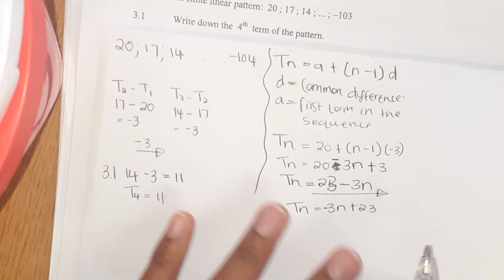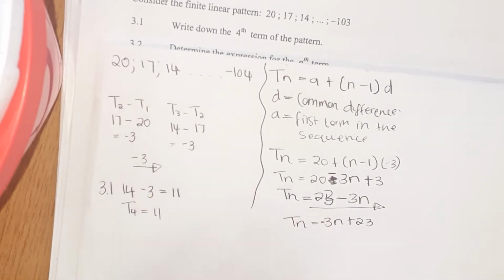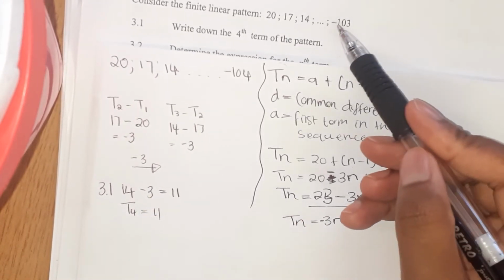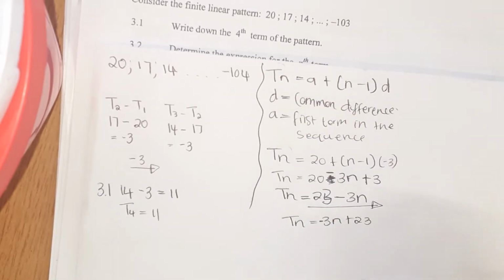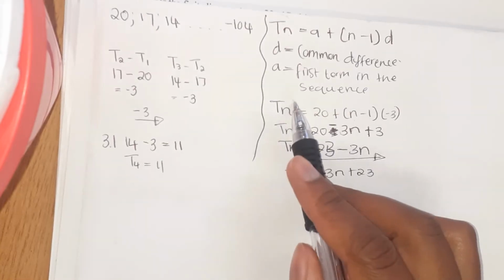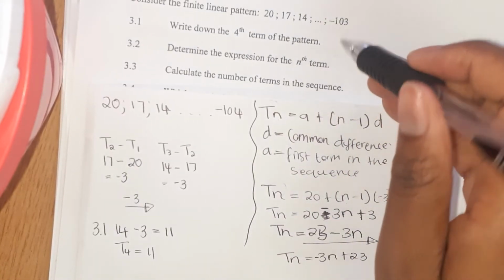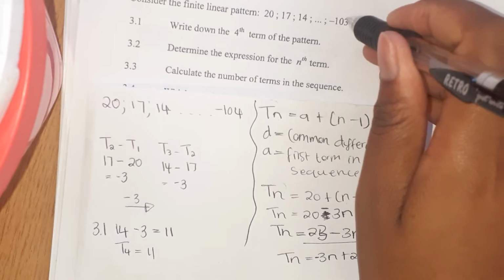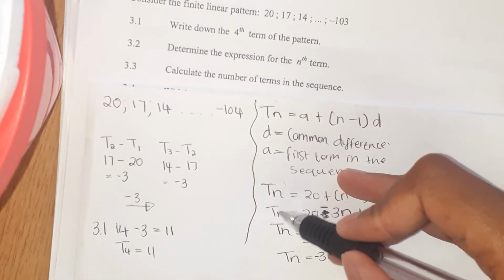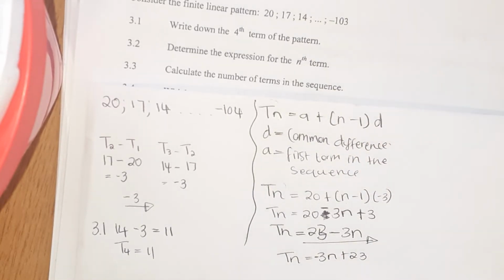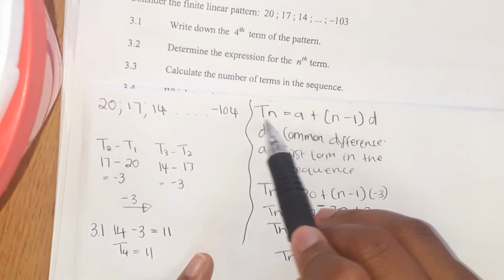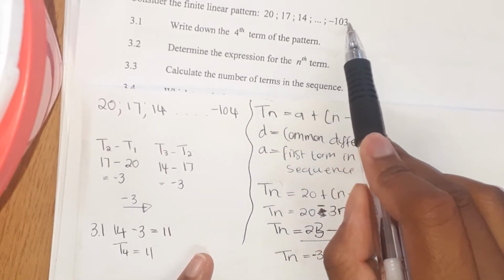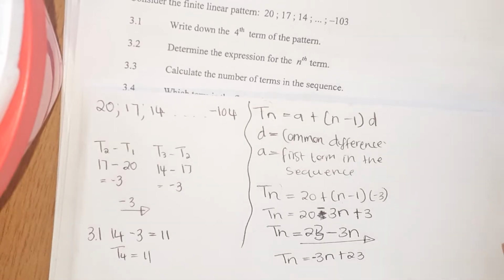So what we'll do is that we have to know how many terms are in this linear pattern, and we have the last number. The last number will represent Tn, right? N is the number of terms. N will represent the position. So the position of the last number will determine how many terms we have. This Tn represents the exact number that is in that position.